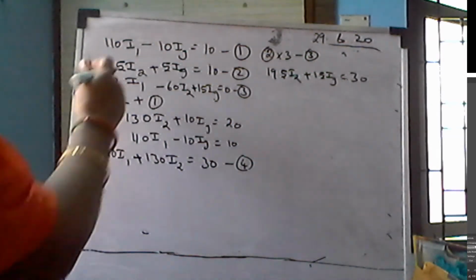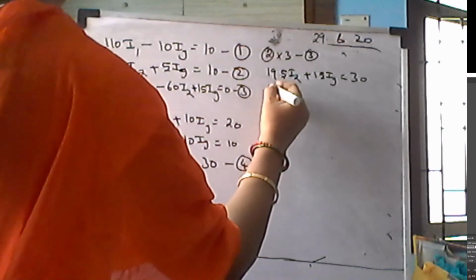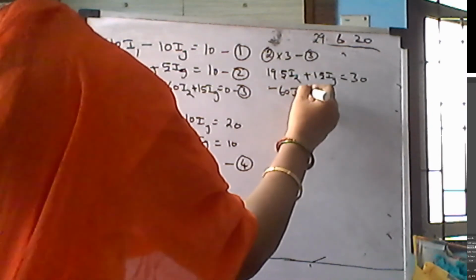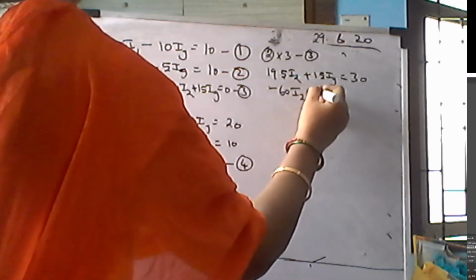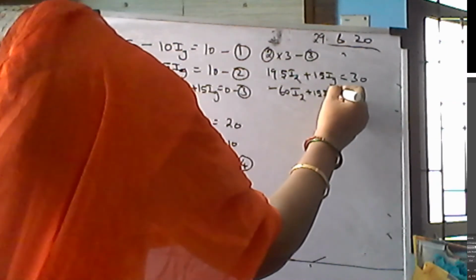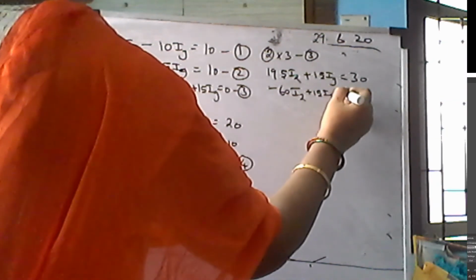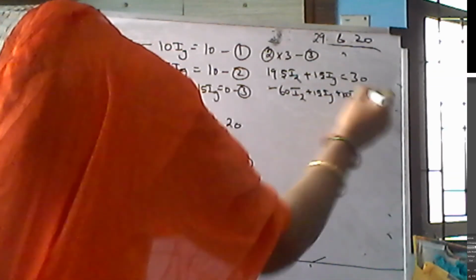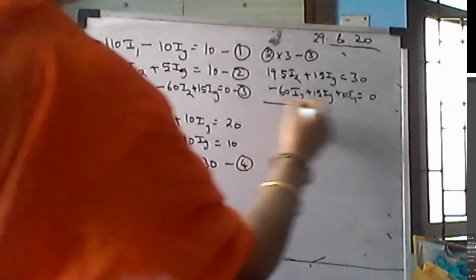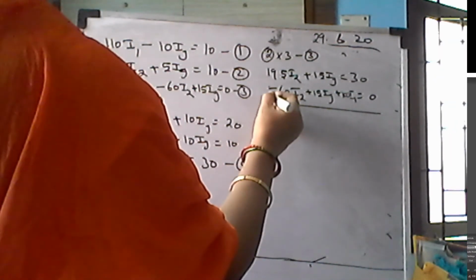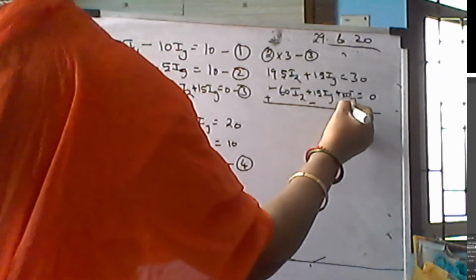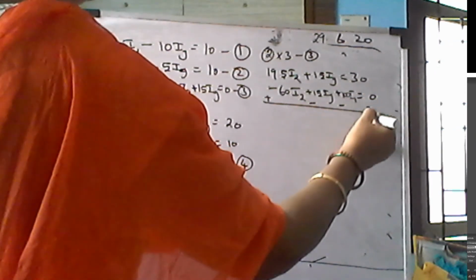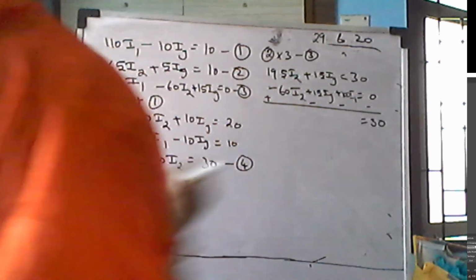And then again here, this is same as it is, you have to write minus 60 I2 and then plus 15 Ig plus 100 I1 is equal to 0. So what you can do, this will become plus, this will become minus, this will become minus, and again this 30 minus 0, 30 only.